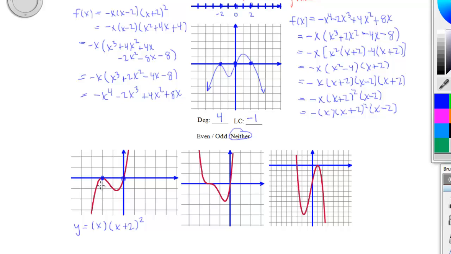So since negative 2 is the zero where the polynomial does not change sign, the x plus 2 is the factor that has to be squared.